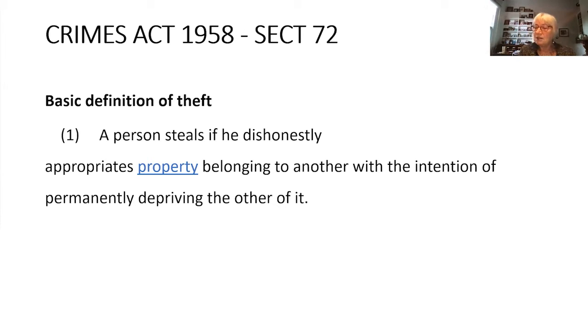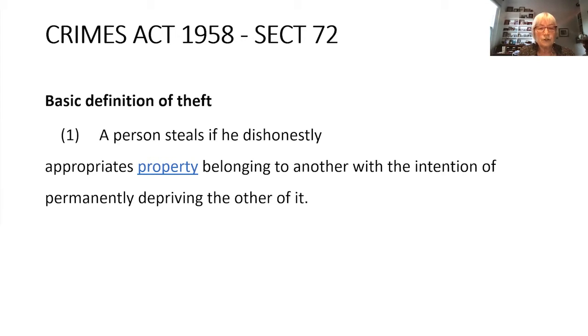So that means that the prosecution has to prove beyond reasonable doubt in a theft case that the accused appropriated property belonging to another person, that the accused appropriated the property dishonestly, and that the accused appropriated the property with the intention of permanently depriving the other person of the property.